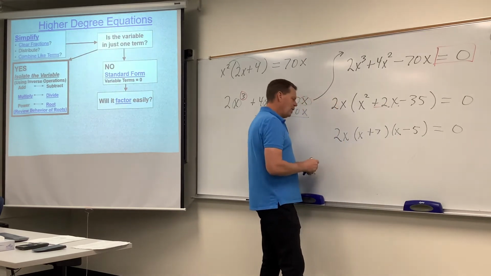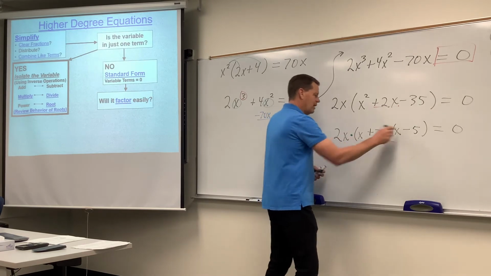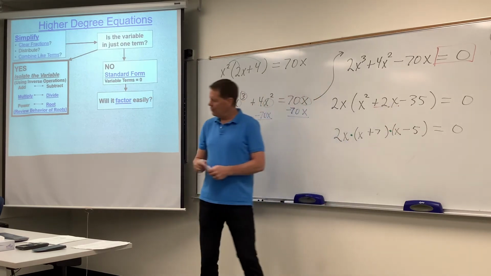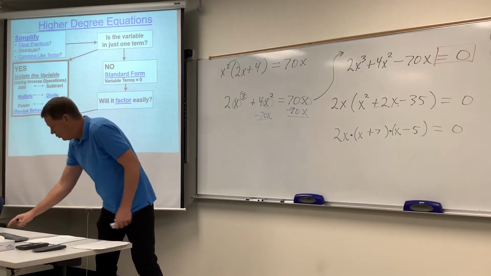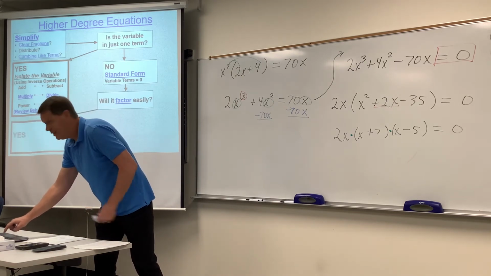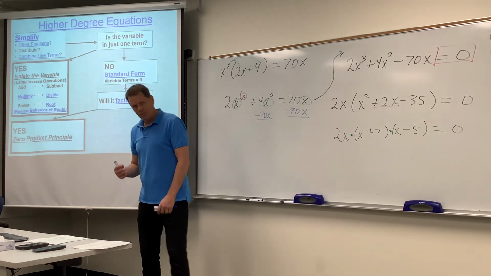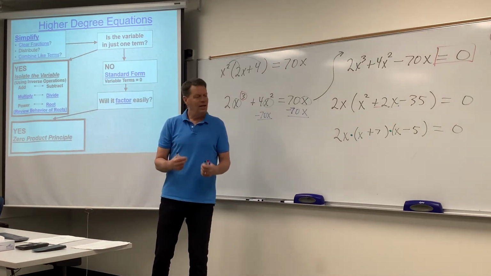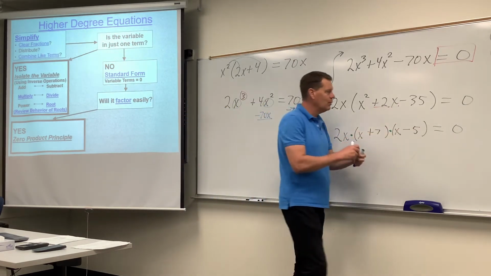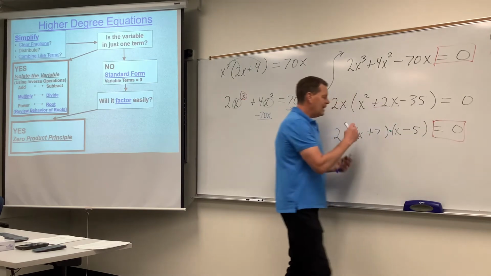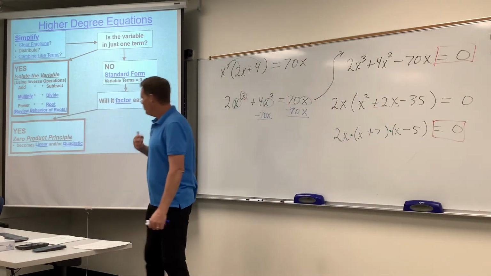All right, so we ended up with three factors here. We have three expressions that have multiplication between them, and it equals 0. So just like on assignment 11, when we enjoyed that prior to spring break together in this very room, didn't we talk about the zero product principle, which basically says if you have a product, that's multiplication, and it equals 0, then for that to occur, one of the factors has to be 0.